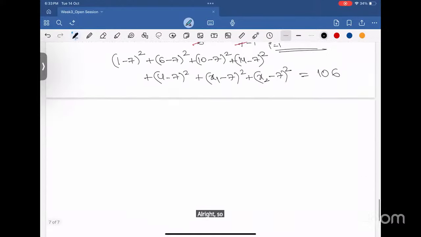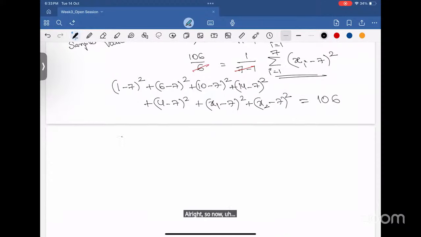Now this is 6 square, which is 36, plus 1 square, which is 1, plus 3 square, 9, plus 7 square, 49, plus 3 square again.